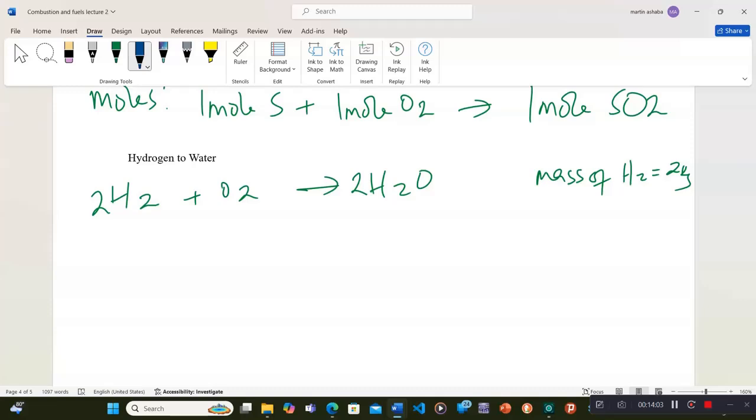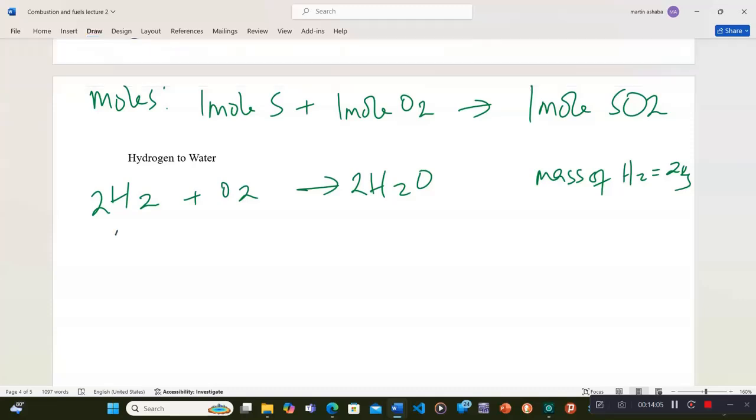So by mass, here I'll have 4 kilograms of hydrogen reacting with how many? This is 32 kilograms of oxygen, giving you water, which is 18, oxygen 16 plus hydrogen 2, becoming 18.